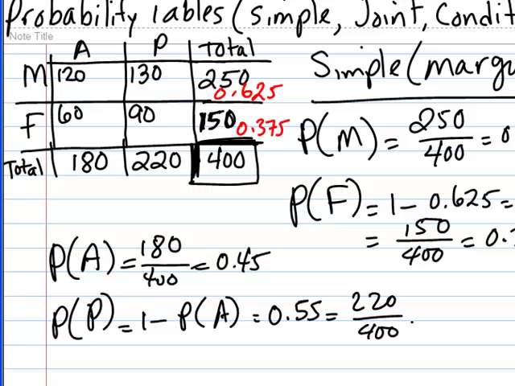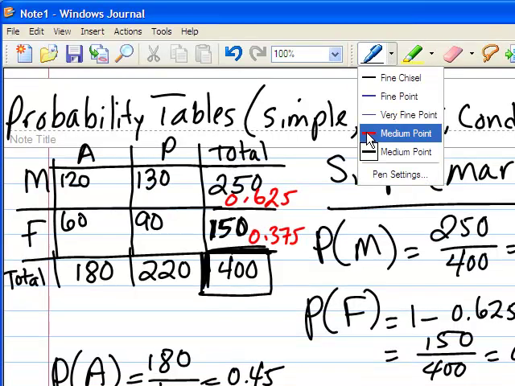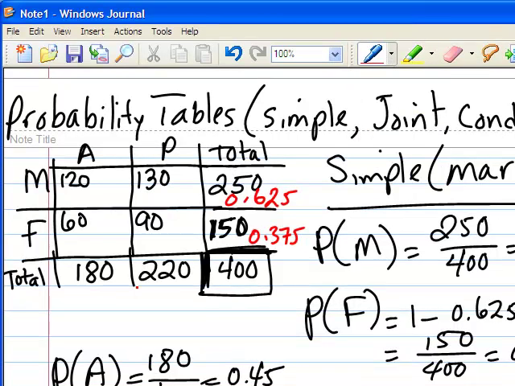Either way, we're going to get the same answer. So these probabilities can be added in here. These are simple or marginal probabilities, and they can be written as 0.45 and 0.55. So now we have the simple or marginal probabilities written in the margins of the table.